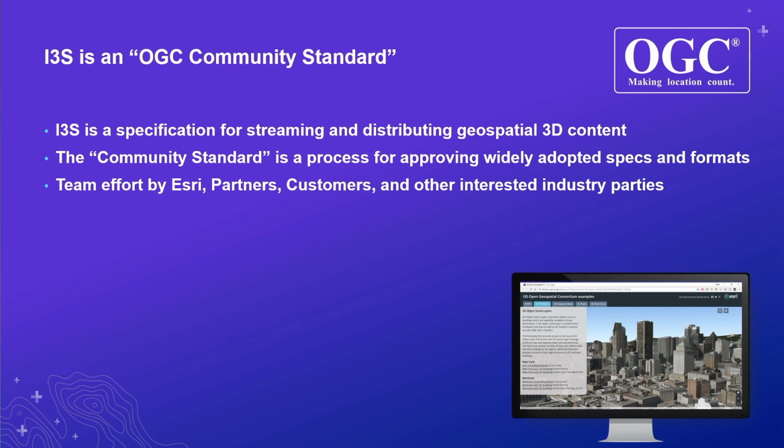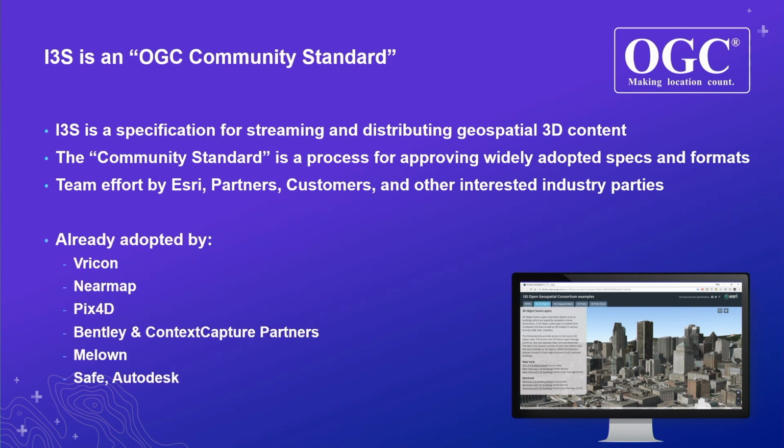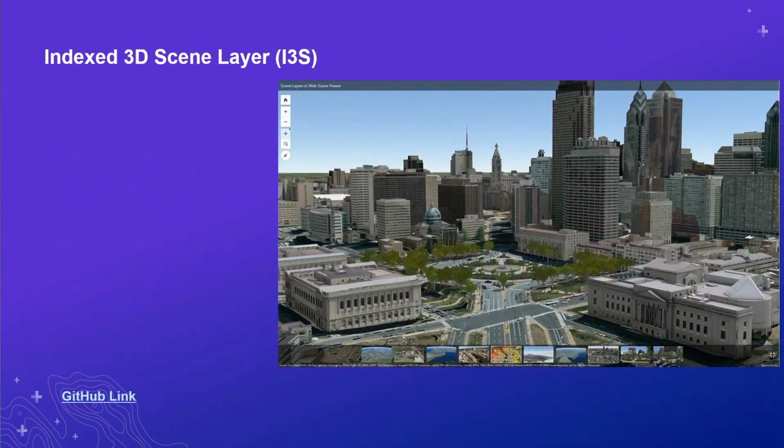This is a team effort by Esri partners, customers, and other interested industry parties. We already have many vendors that actually are creating Esri. Within this OGC process, we have now also added point clouds as part of the community standard.